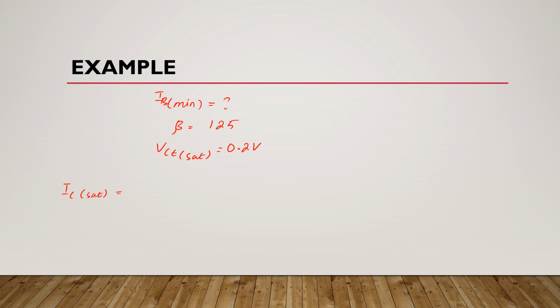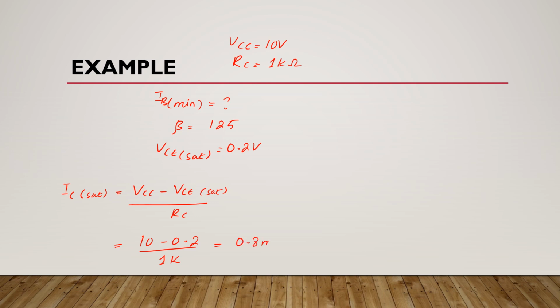We know that it is equal to VCC minus VCE saturated divided by RC. If VCC is 10 volts and RC is 1 kilo ohms, then if we put these values here, we get 10 minus 0.2 divided by 1 kilo ohm, and after solving this you will get 0.8 milliamperes. This is the saturated value of collector current.